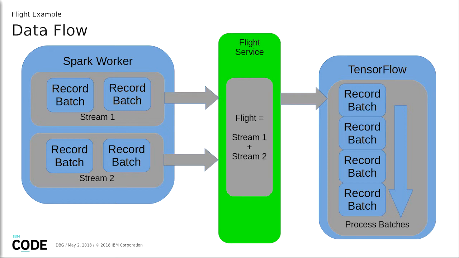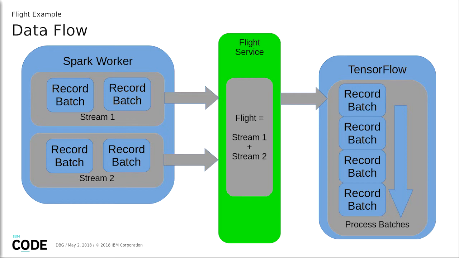So let me just go over how the data flows in this example. We can see we have a Spark worker here, and it looks like it has 2 partitions. So the worker is going to run a task and basically tell the service, hey, here's some of my rad Spark data, and the service accepts it.